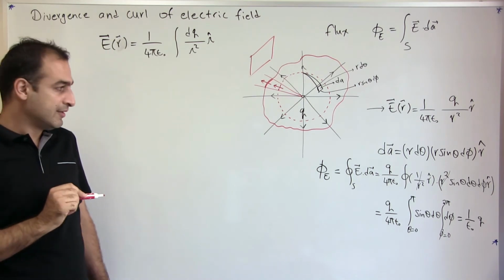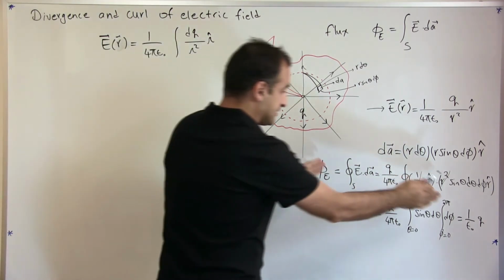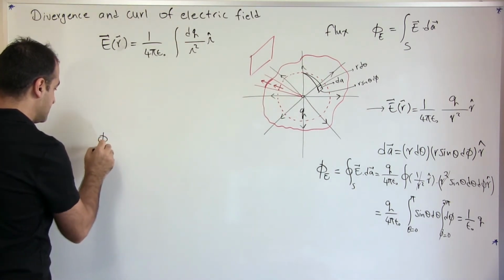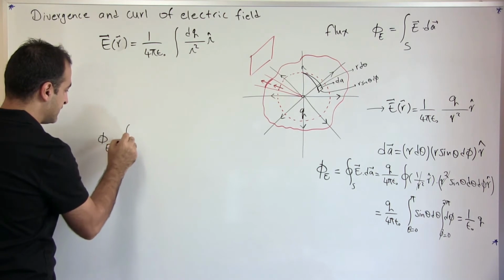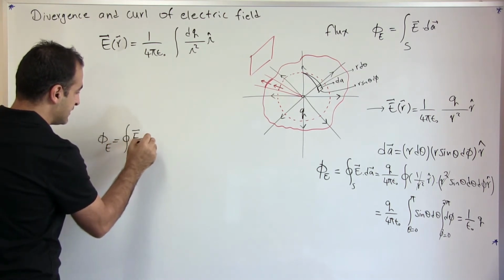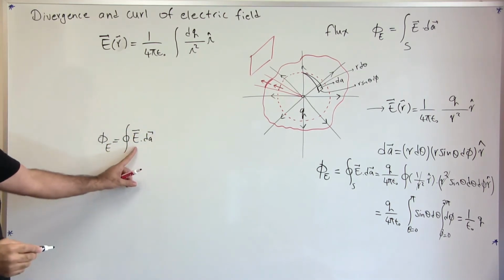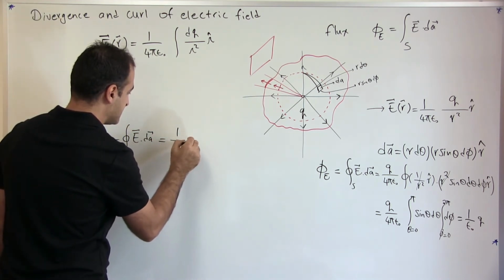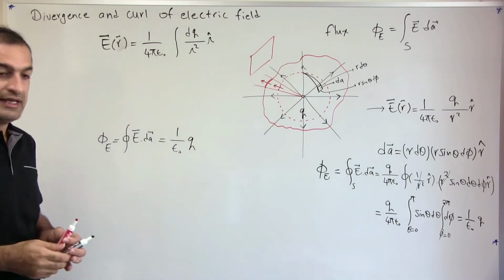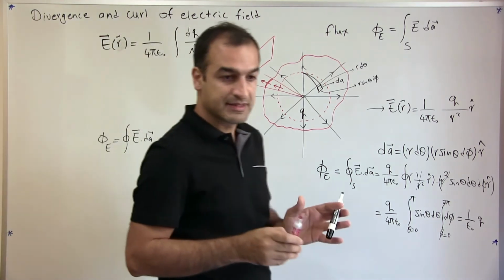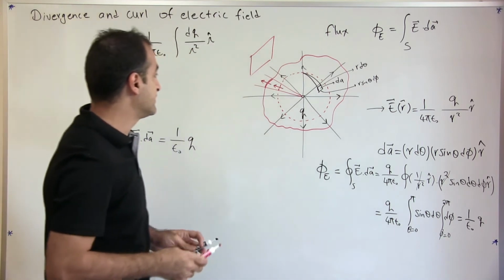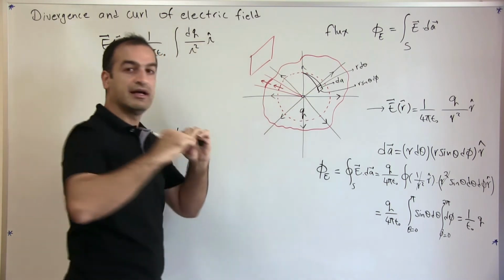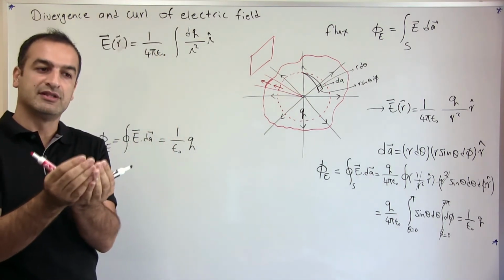So I'm going to generalize this to any surface. If we look at the flux integral of E dot dA, as long as it's a closed surface, this integral is 1 over epsilon 0 times q. Since I said any random surface, that means the surface doesn't need to have its center here. It can be anything as long as it encapsulates the charge q.